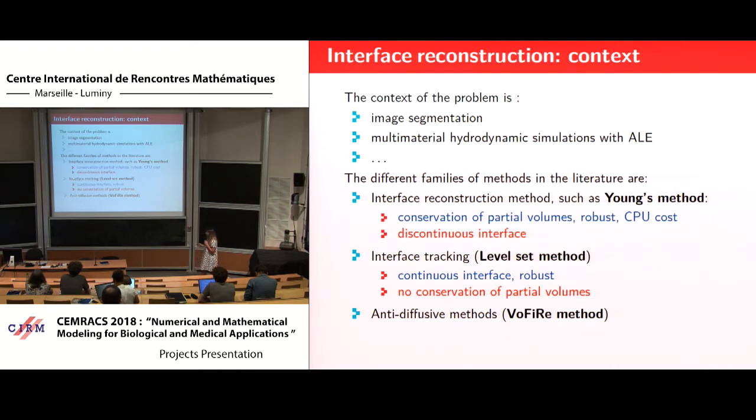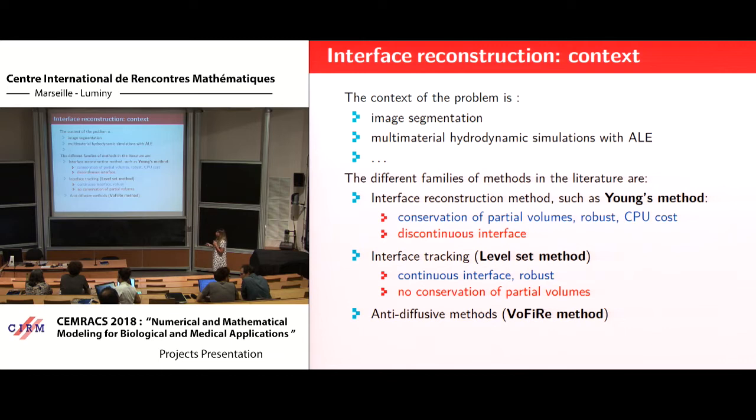Then we have another family, the family of interface tracking, in which we find the level set method. Here, the interface between the two materials is seen as the zero level set of a particular function. Thanks to this method, we are able to construct a continuous interface, and the method is really robust. But this time, we do not ensure the conservation of partial volumes in each cell.